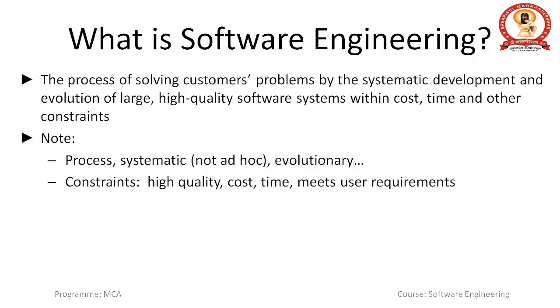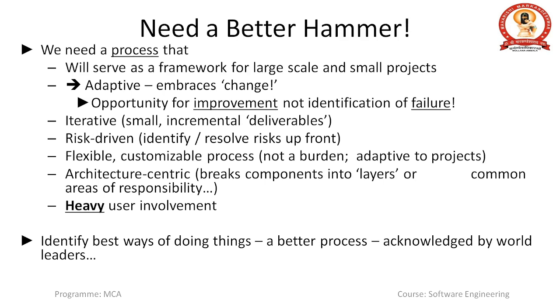If I am devising the process for software engineering, then of course every customer or client would need high quality software within the cost and the stipulated time period. To meet these criteria, we need to define a strong process.